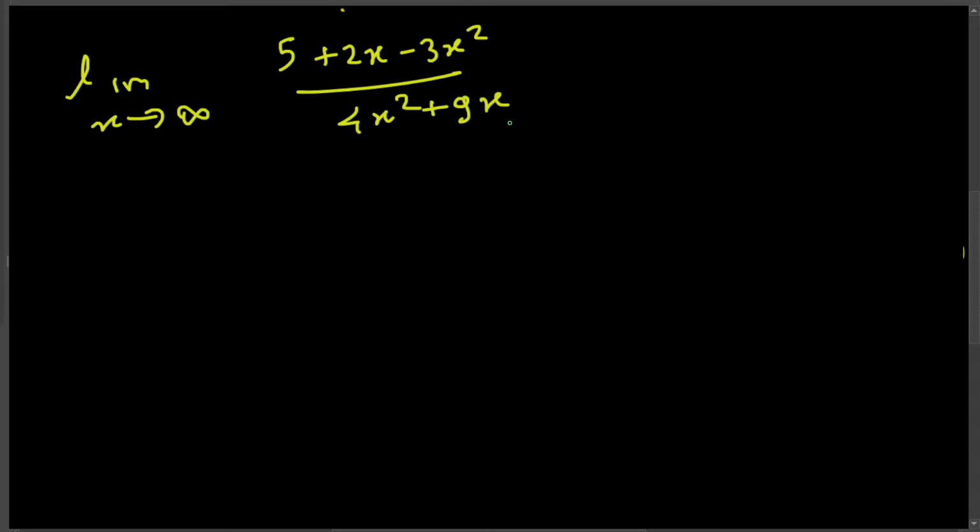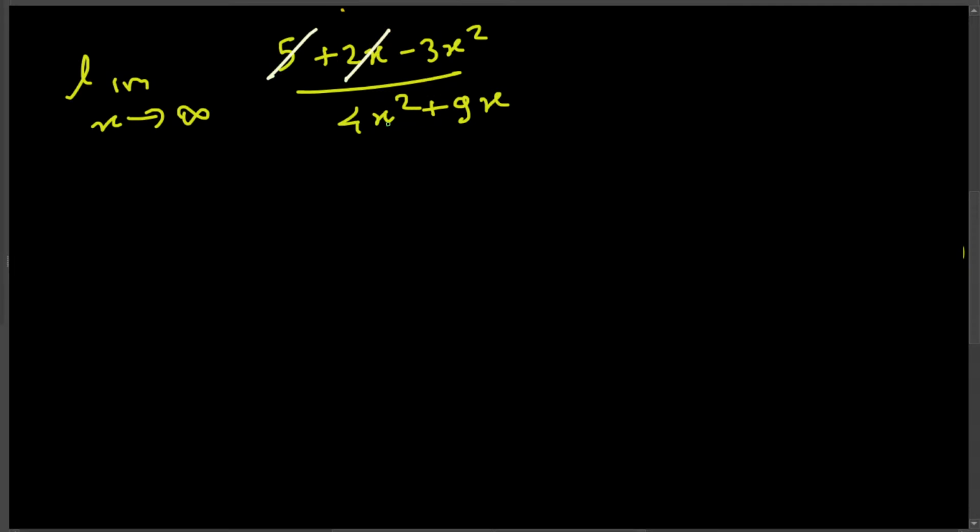Okay, what we can do here, as we did in the previous question, is remove all the insignificant terms. What I mean by insignificant terms is whatever terms are less than the higher power. So here in the numerator we have 3x squared. x squared is the higher power, so we can remove 2x and 5.